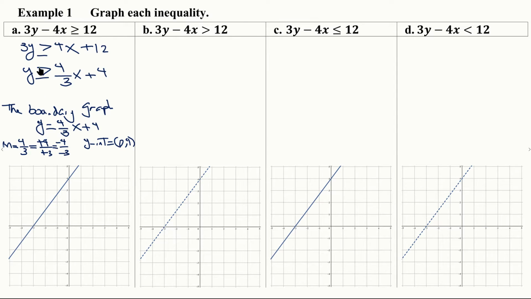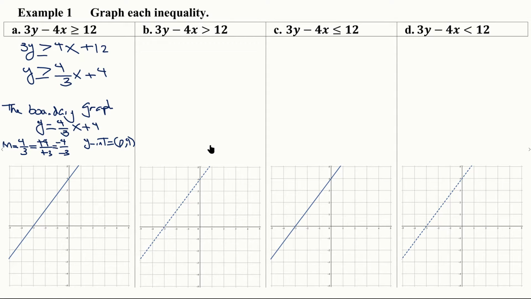Now, if it says greater than or equal to, that means points on the line itself are going to be part of the solution set. And greater than implies all the points in the plane whose y value is greater than the y values on this line, right? So that would be all the points above the line, right?